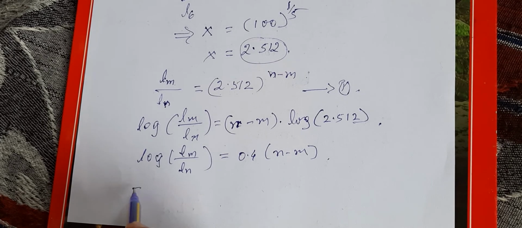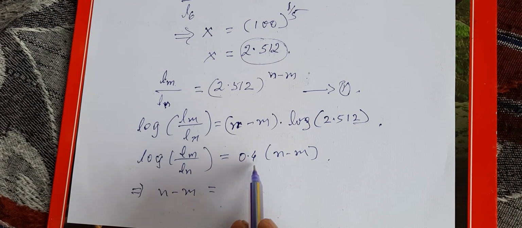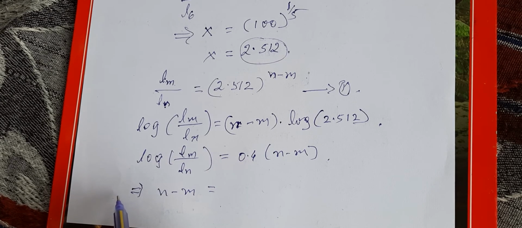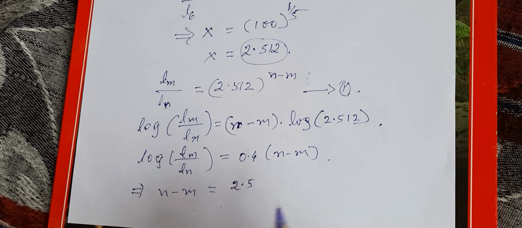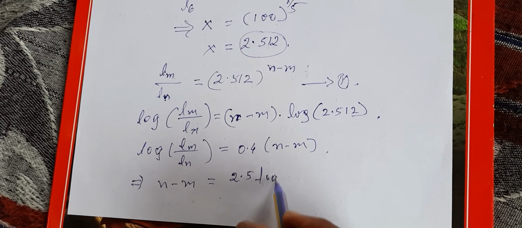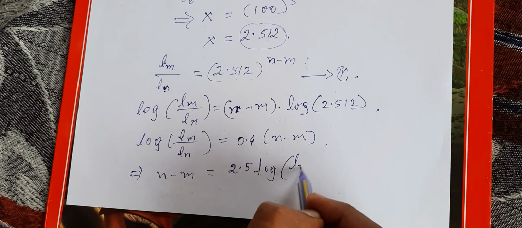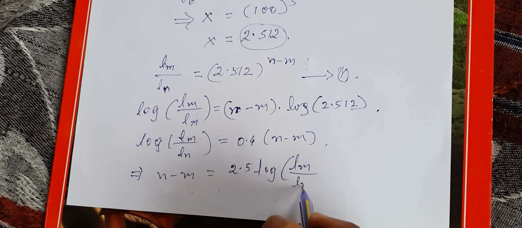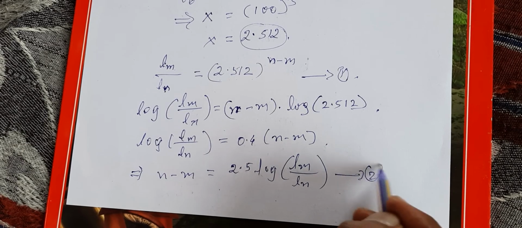So n minus m is equal to 1 upon 0.4, the value of which is 2.5, into log of Lm divided by Ln. Call this equation 2.